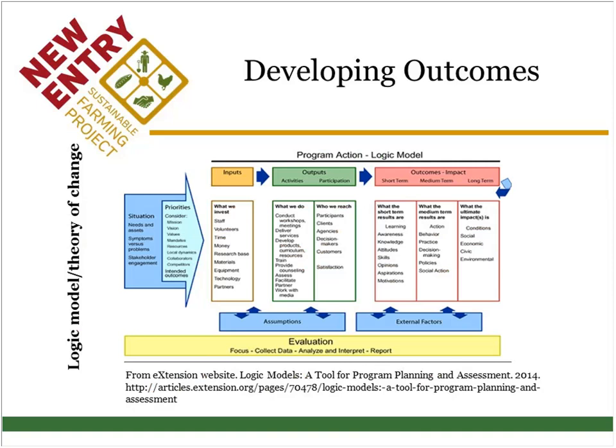A theory of change is similar in that you look at the ending point of what you want to see happen, like successful farmers, and you work backwards with what outcomes you need to see to get there. Both of these are ways of brainstorming outcomes, and there's more information on these on the New Entry website.